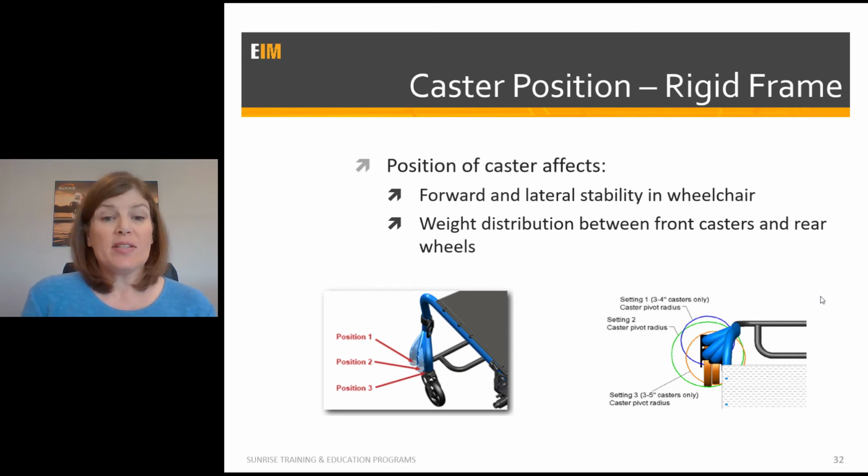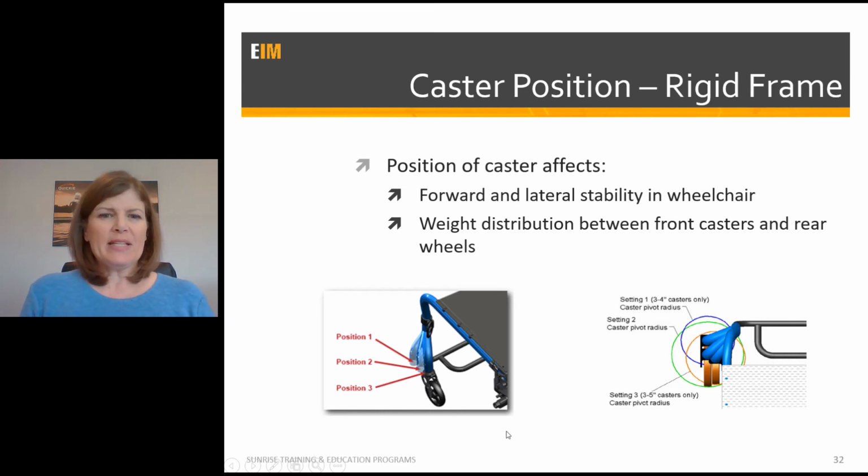Now in some models, say for example, rigid wheelchairs, we also have the ability to select where that caster housing position might be. And so we want to think about the effect on stability of the wheelchair and also the functional implications. So if I'm looking at this graphic, I can have some choices, position 1, 2, and 3, for example.